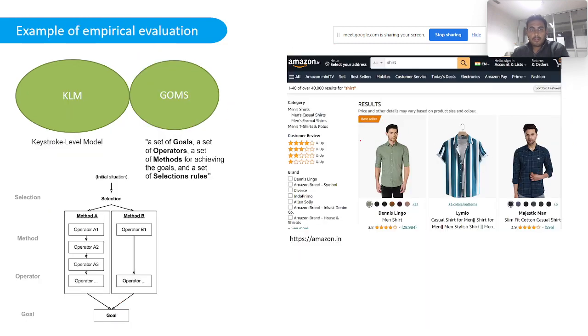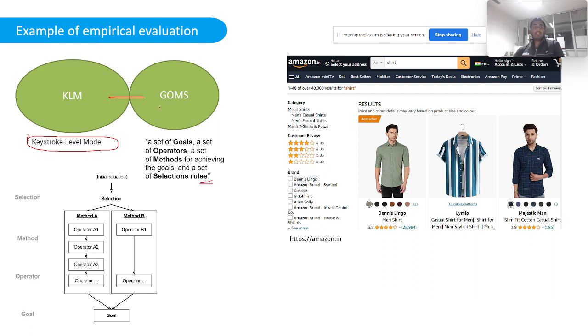Okay, so again, one example here. I'll be briefly talking about one particular way. It's called KLM GOMS. KLM means keystroke level model, and GOMS stands for goals, operators, methods, and selection rules.